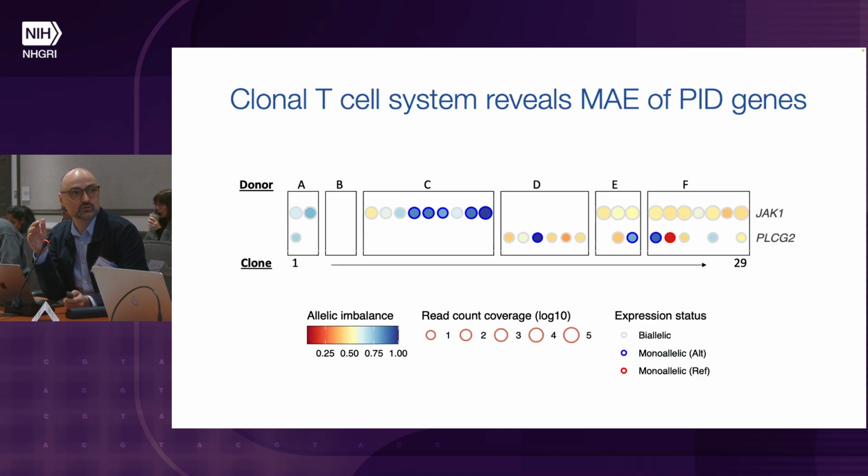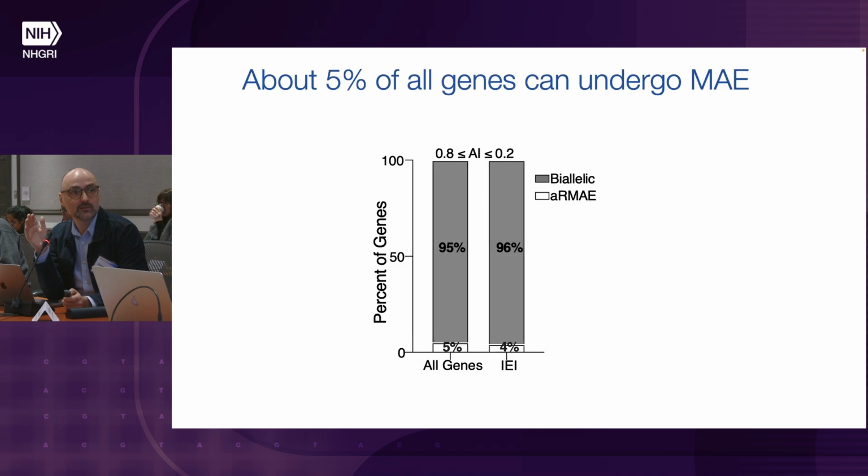And long story short, we know now that about 5% of genes can undergo monoallelic expression. In each individual that we tested, N is small, but we've never detected more than 0.5% of genes undergoing monoallelic expression, at least in the immune system.